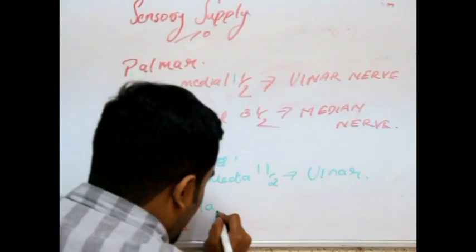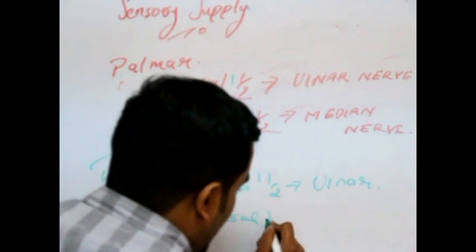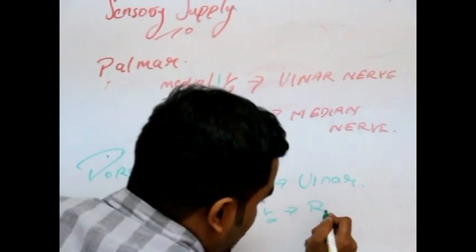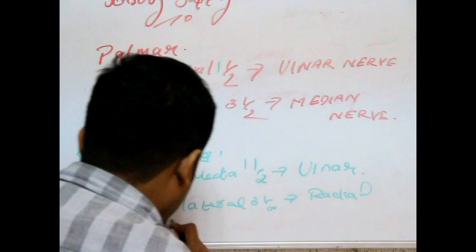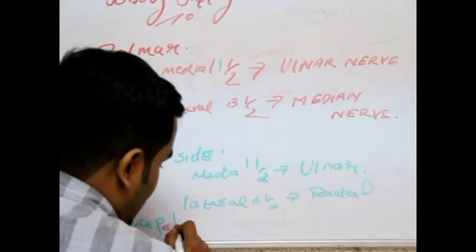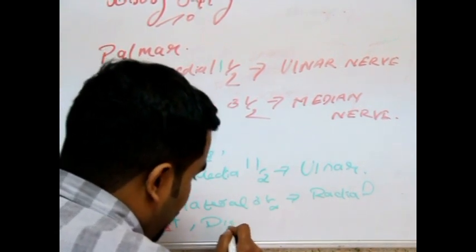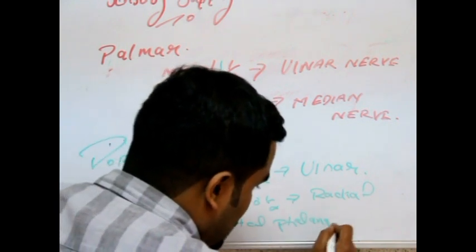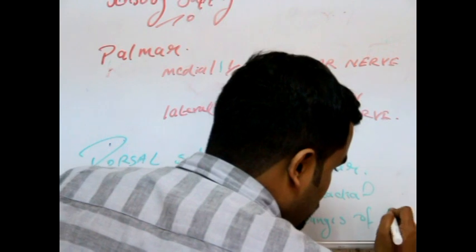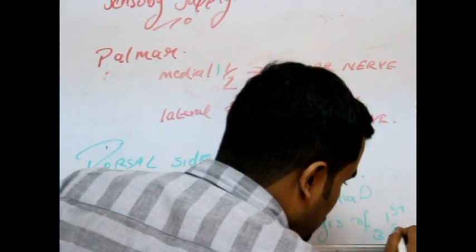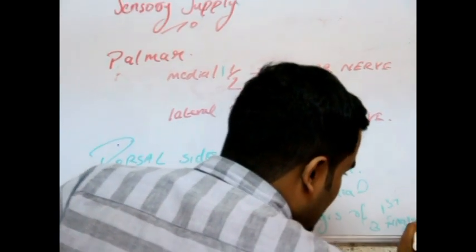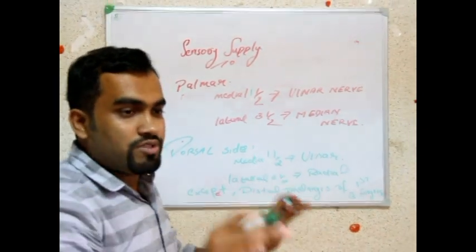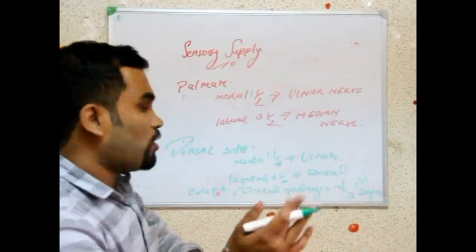And lateral is by the radial nerve, except the distal phalanges of the first 3 fingers. So you are clear, right? Clear about the nerve supply of the hand, in the dorsal and ventral side.